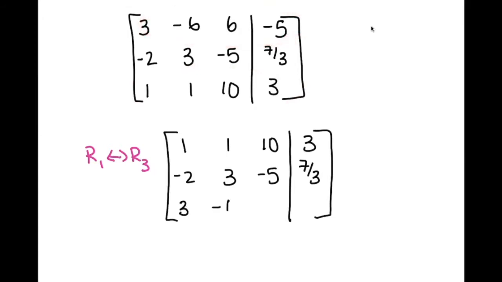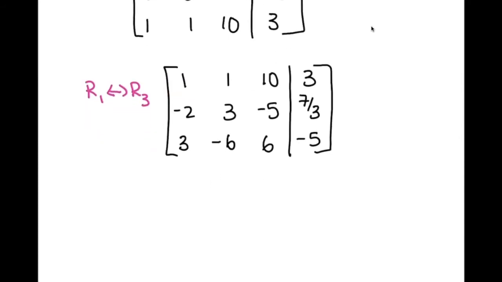So 3, -6, 6, and -5. Okay, and why did I do that? Because I wanted that 1 in the row 1, column 1 entry. And by switching the 2 rows, it doesn't change my overall matrix, but it makes it easy for me to deal with that because I don't have to do any work. I get that 1.